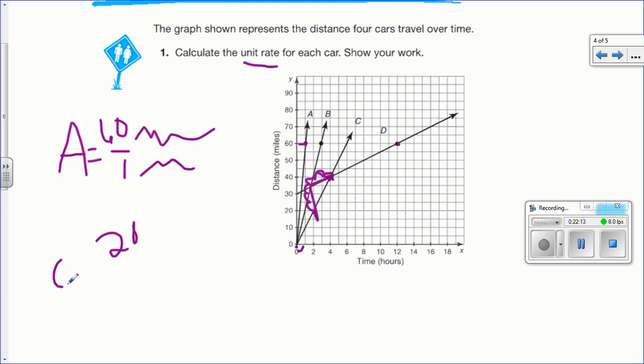This is for C. So you'll do B and D. If I want that as a unit rate, what goes into both 20 and 2? Well, I have to make the 2 a 1. 2 divided by 2 is 1. 20 divided by 2 is 10. Make sure you write miles per hour. All right, you have to do B and D. You can do that at your desk.